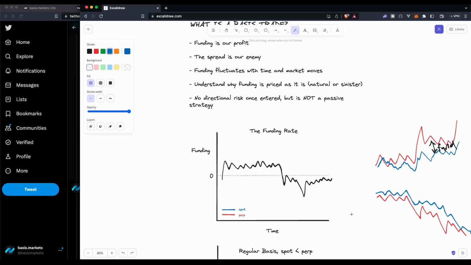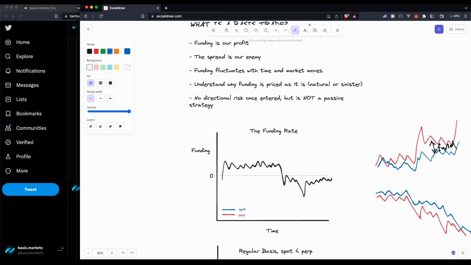So when funding is positive, we have a traditional basis trade where you're collecting the funding from people that are long. But then when the perp trades in negative territory below the spot price, and we have a negative funding rate, that is a reverse basis trade.